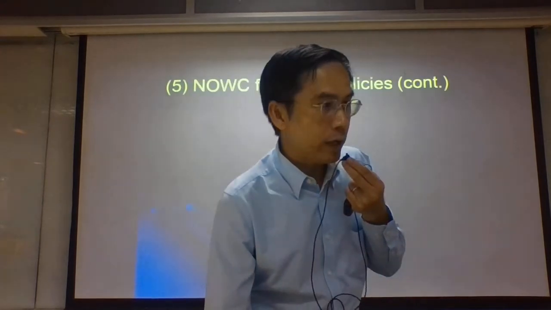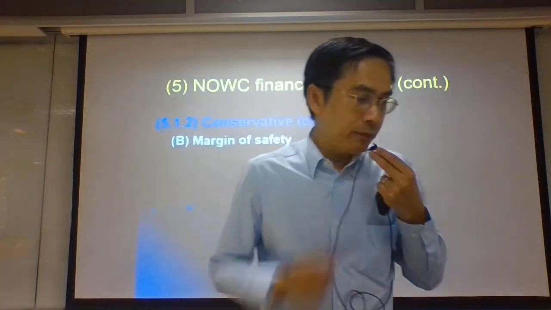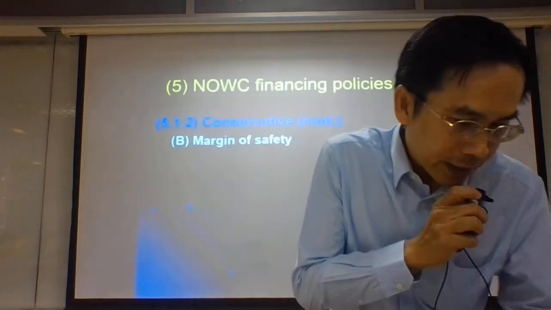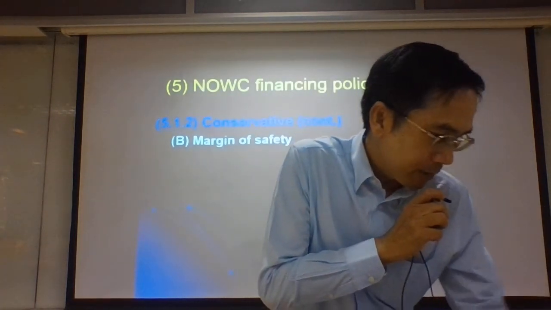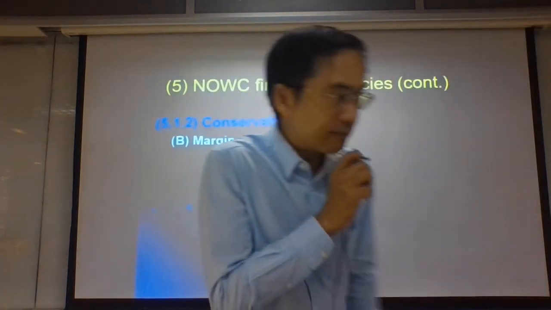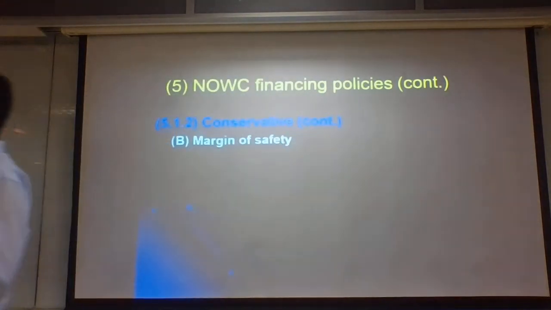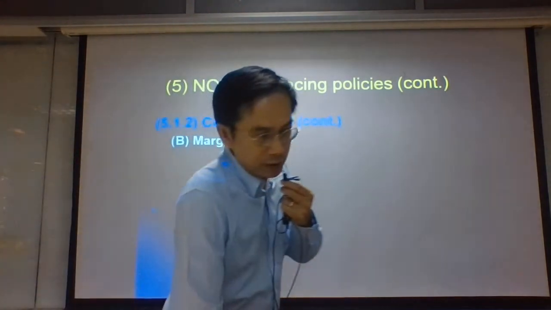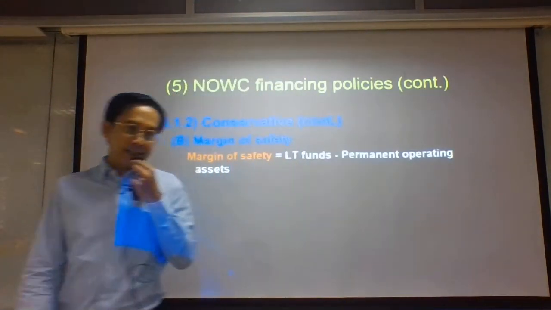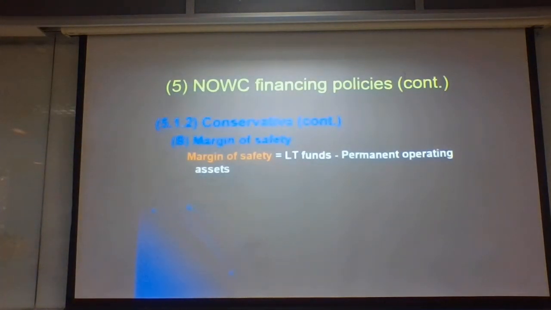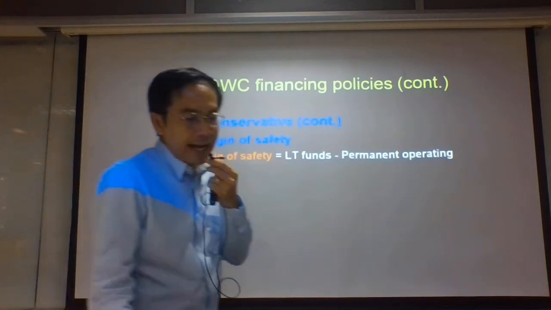Now, take a look at the margin of safety for the conservative policy. According to this policy, you are going to see that the total amount of long-term funds is larger than the total amount of permanent operating assets.